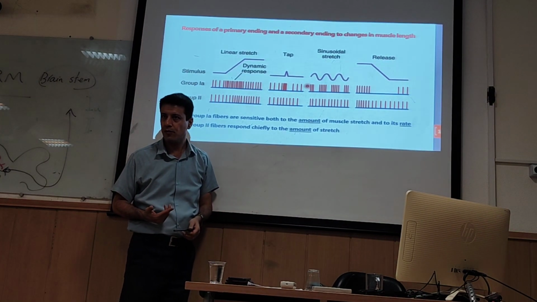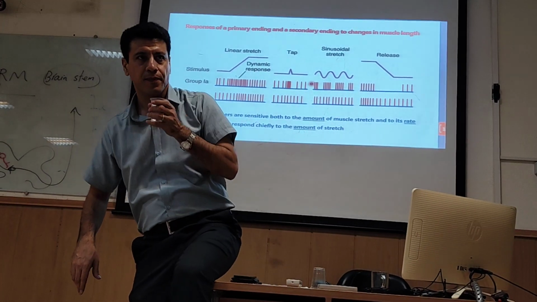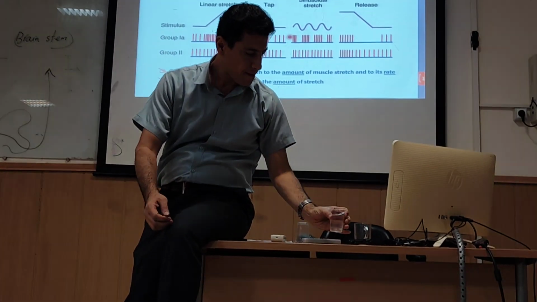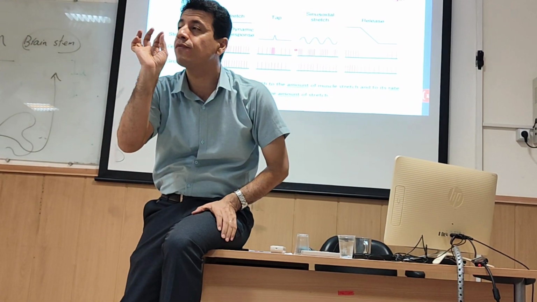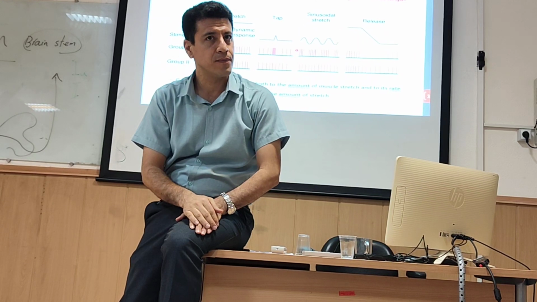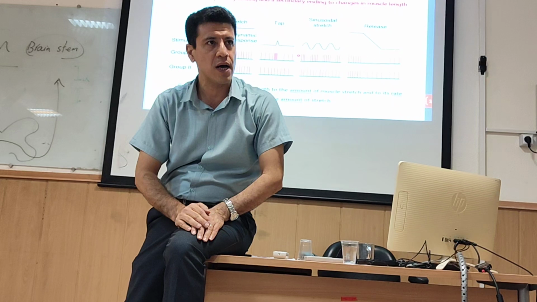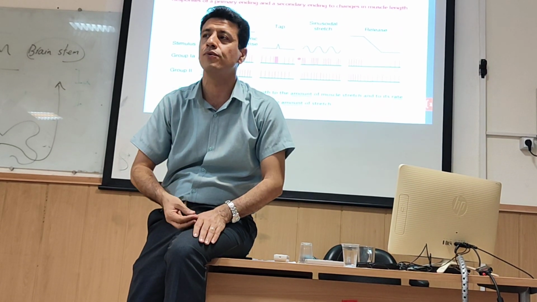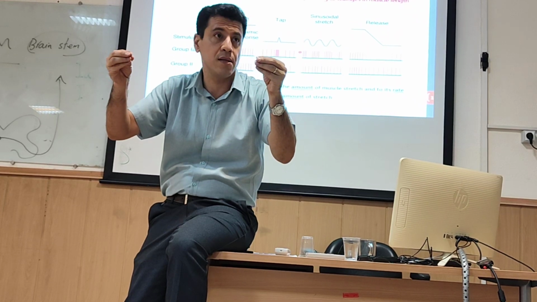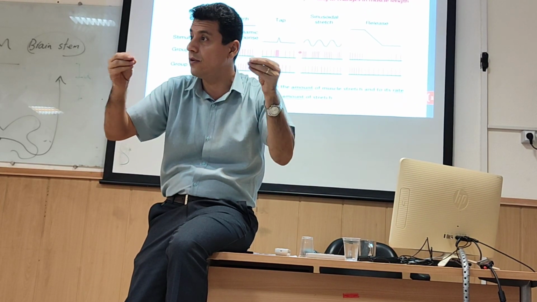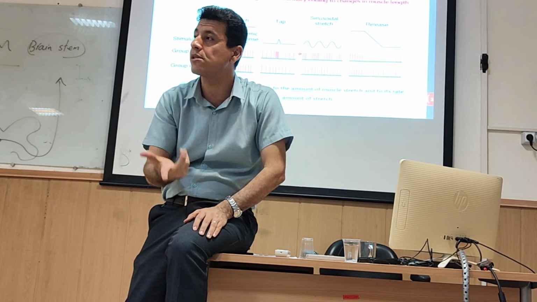Got it? So when you use a hammer, a tap, you only activate 1A fibers. Type 2 fiber is not activated. Why? Because for activation of type 2, you need a continuous stimulation. But a tap is only a transient stimulation.